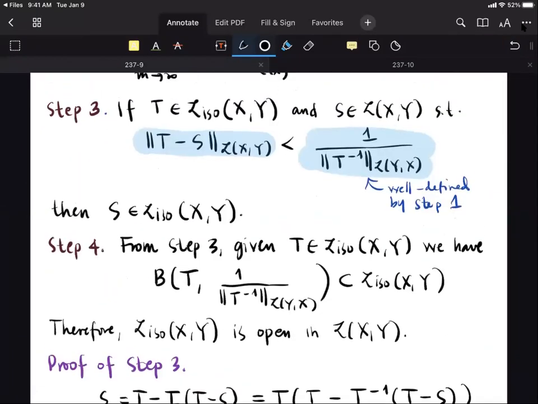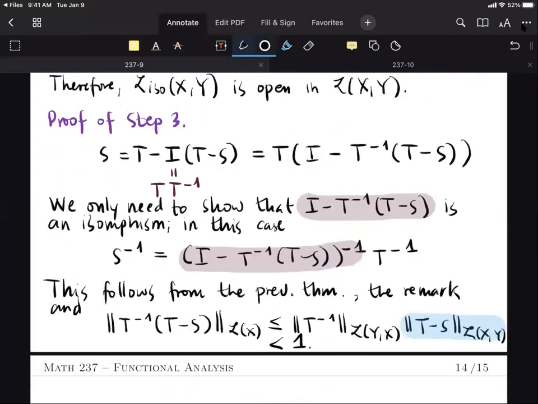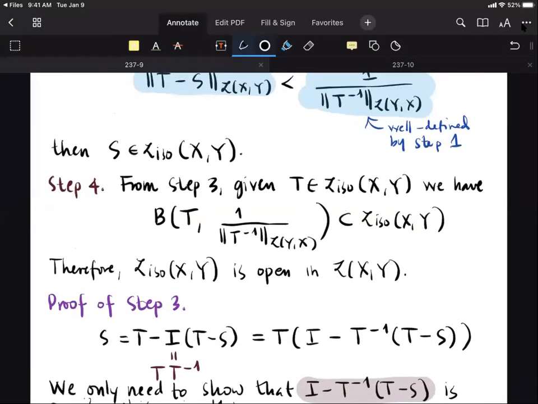And now you see why this assumption is needed in order for the product of these two operator norms to be less than 1, guaranteeing the invertibility of the identity minus that operator. So this is the proof of step 3, and we already know that step 3, according to step 4, implies the openness of the set of isomorphisms in the space of linear and bounded operators.